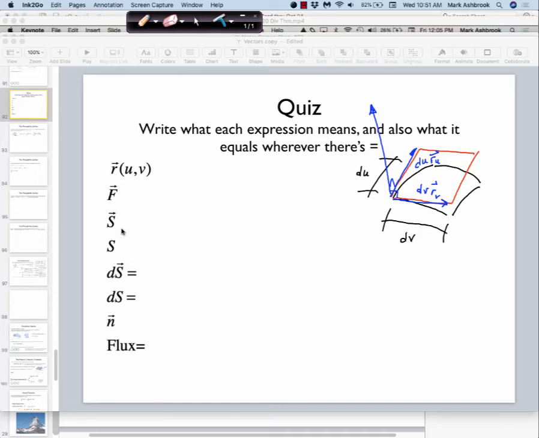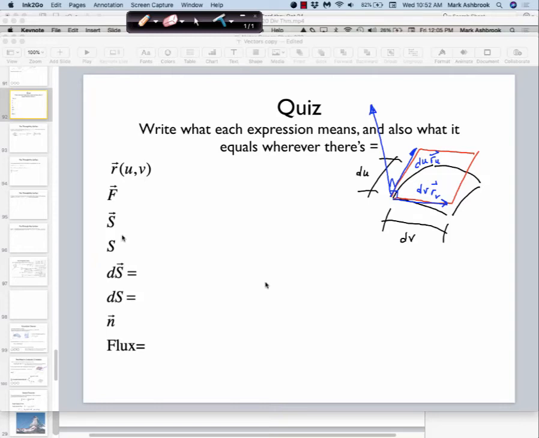The magnitude of that vector is the area, and the direction is orthogonal to the plane of that element. So then what's S? Yeah, just the magnitude of that vector, which is the area of your flat element.